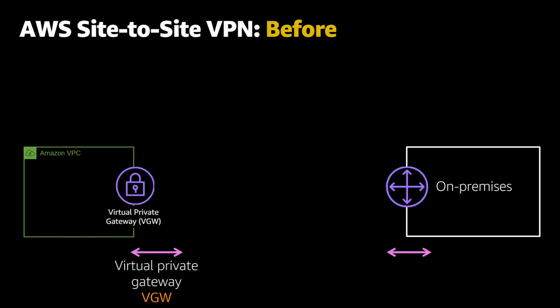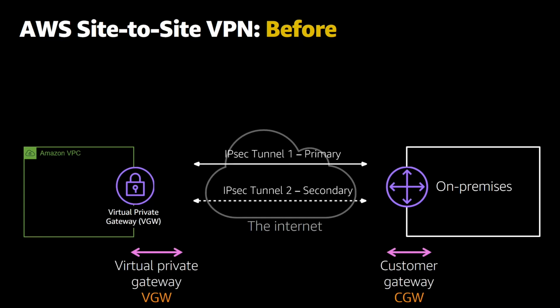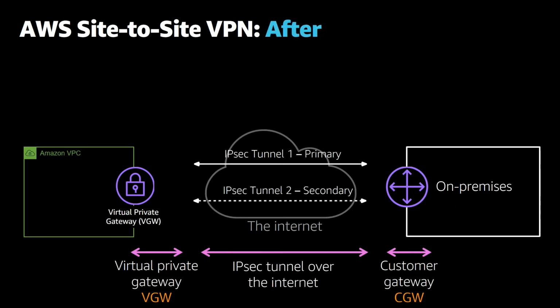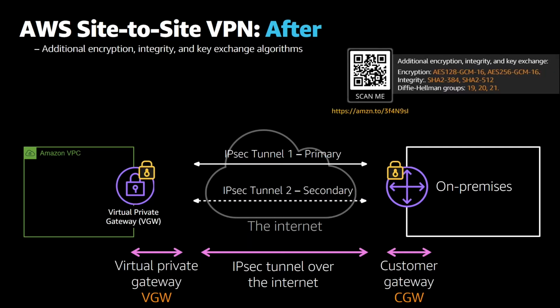What we used to do is have our customer gateway, which could be a router or a firewall, and then we would build a primary tunnel and a secondary tunnel over the internet, with the IPsec tunnel over there. Now we added some additional encryption, integrity, and exchange algorithms.